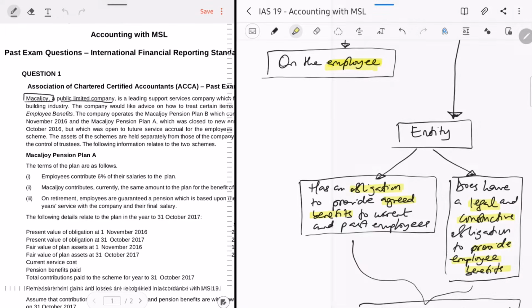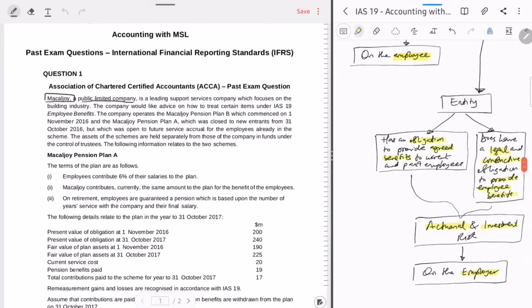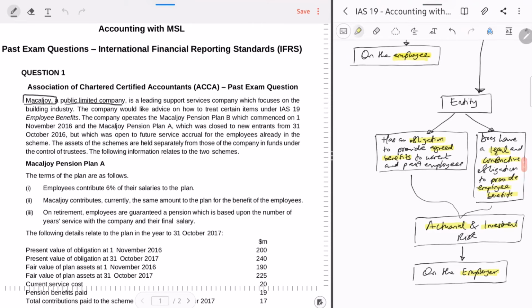Okay. So let's read through and see what we have here. And we'll see your life will be easy after we've gone through this. So we are saying Macau Joy is a public limited company and they are a leading support services company, which focuses on the building industry. The company would like advice on how to treat certain items under IAS 19 employee benefits. Good.